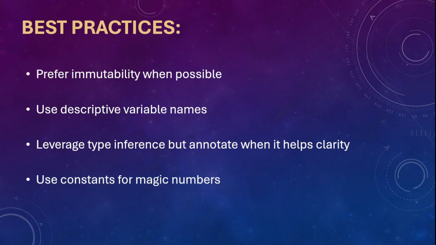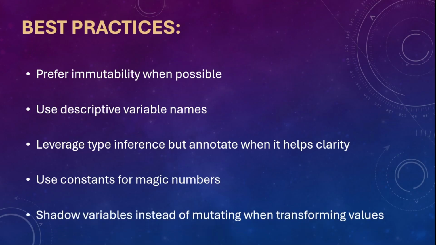Use constants for numbers which you often use, and use shadow variables instead of mutating whenever you are about to transform the values.